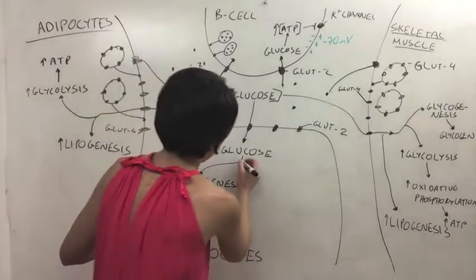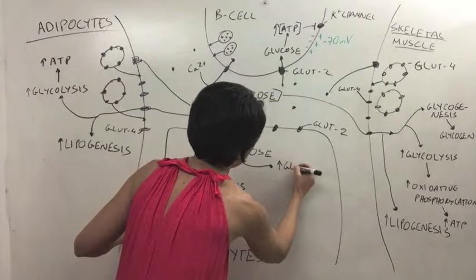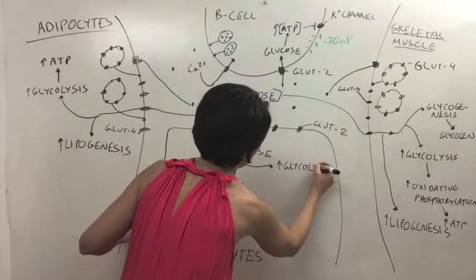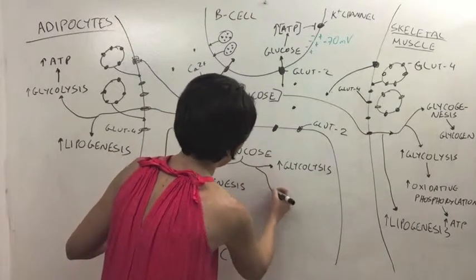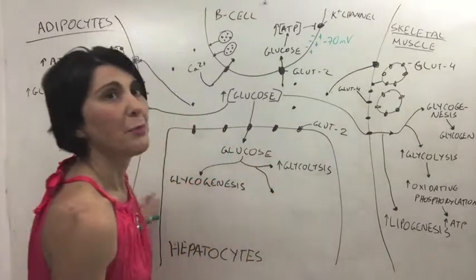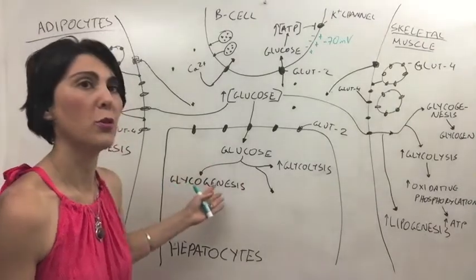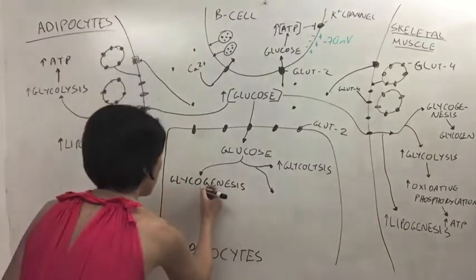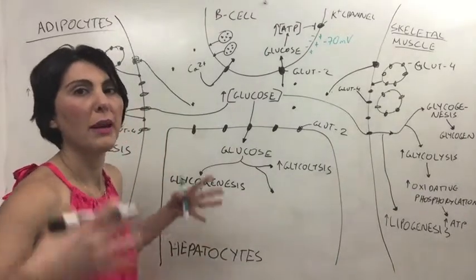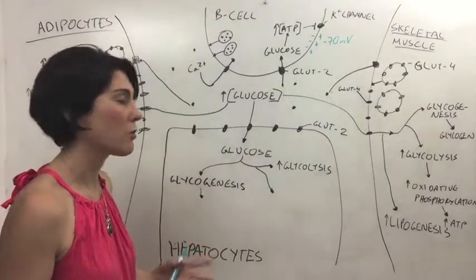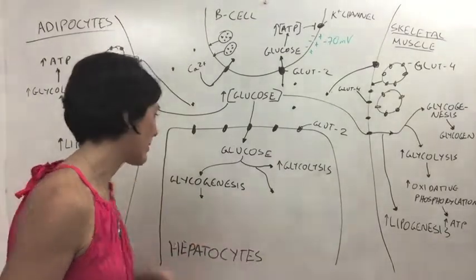You're also going to get increased glycolysis, and you may get some lipogenesis, but the main way to store glucose will be through glycogen. Now, however, if you've used up all the storage space or as much of the glycogen as you can store, then it's going to be shunted to be stored as fat.